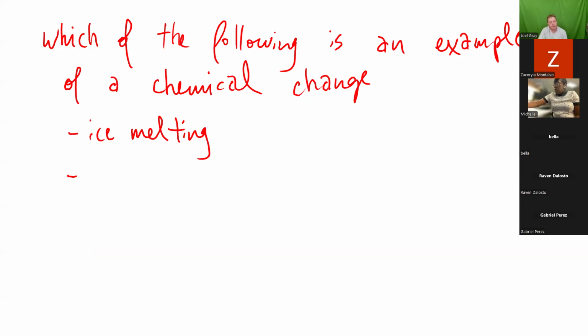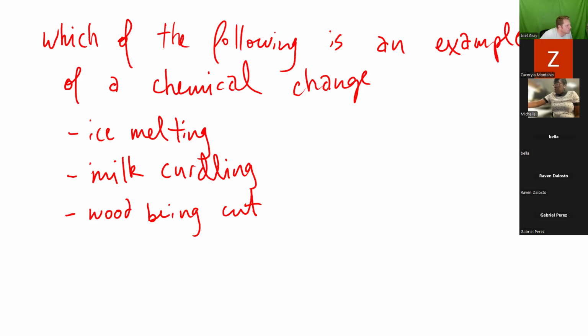Option number three, wood being cut. And then maybe last but not least would be, actually, I'll just stop right there. Three options. I would expect for most of your multiple choice questions to see at least four different options, but I feel like I'm getting the point across with these three.